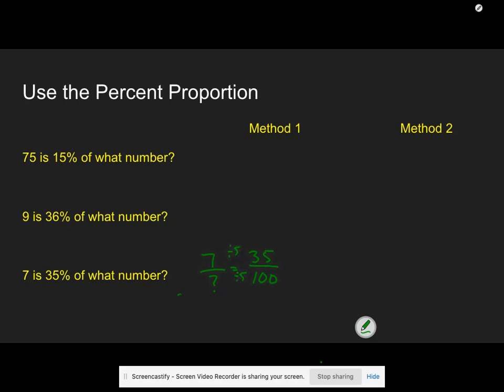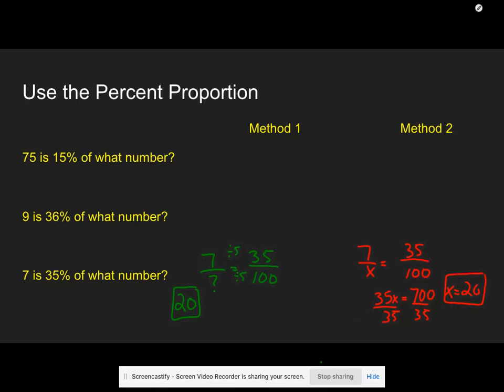So I know that 20 would be where my question mark is. 7 over x equals 35 over 100. 35x equals 700. Divide by 35. x equals 20.